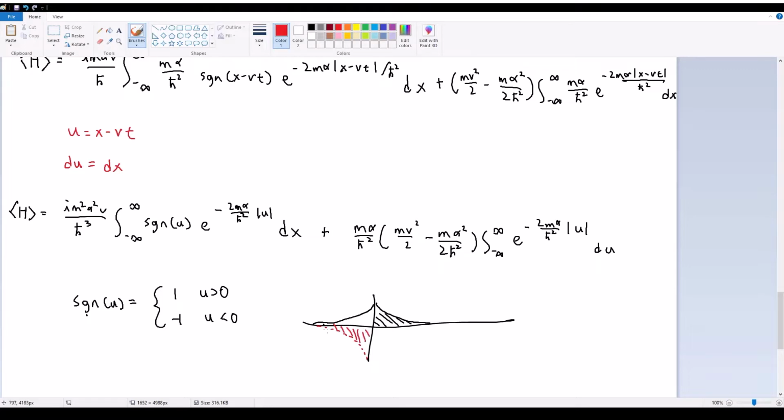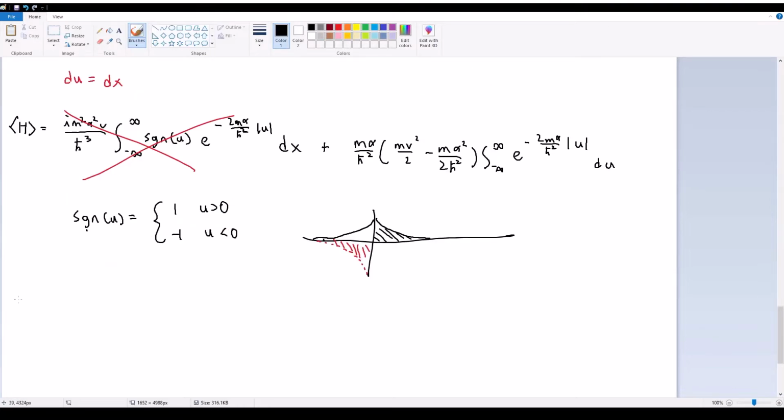Since both of these functions are initially even, because the exponential was initially an even function, if we reflect it, this just becomes an odd function, in which case this is a symmetric integral of an odd function, which just means that this entire term is going to equal 0. So we're just left with this second term over here.